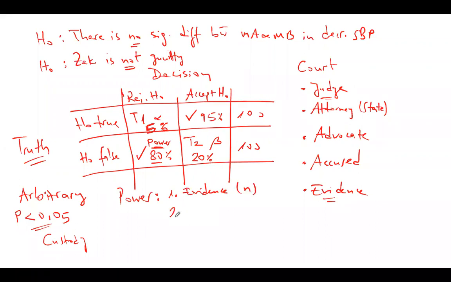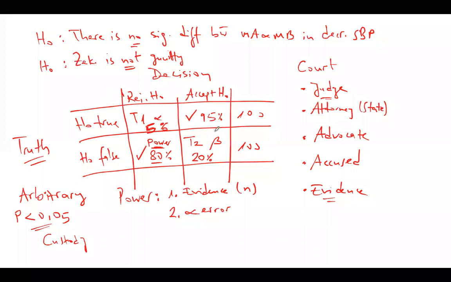Number two, affecting power is what? Your tolerance for the alpha error, of course. Please tell me how alpha error will affect power. If you try to decrease the alpha error, if you try not to make an alpha error, what will happen with the beta error?